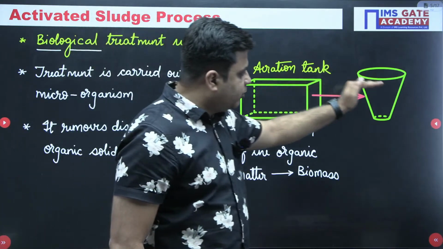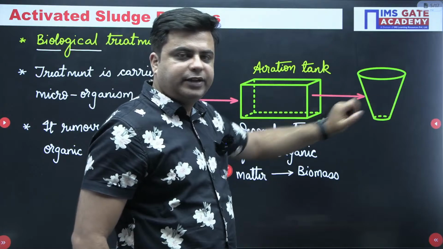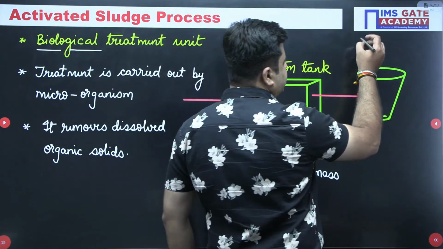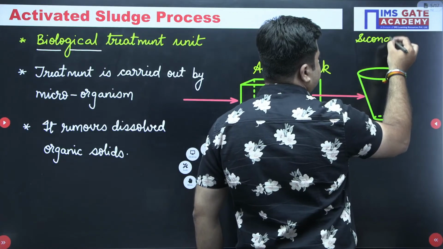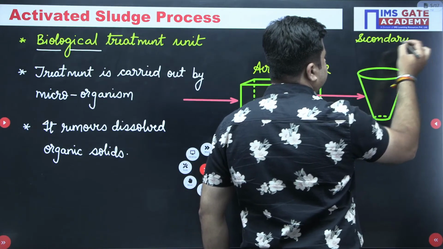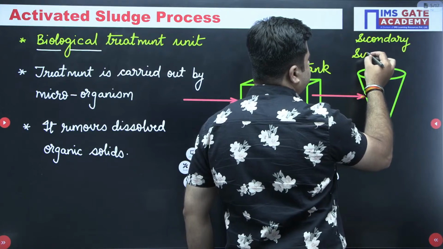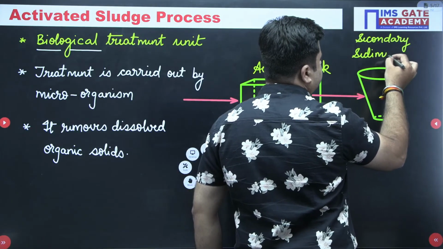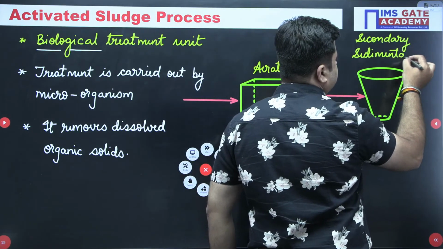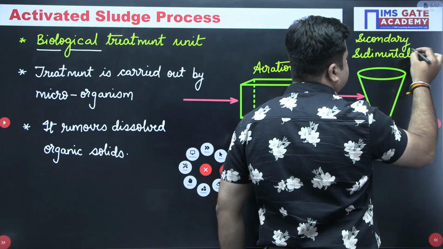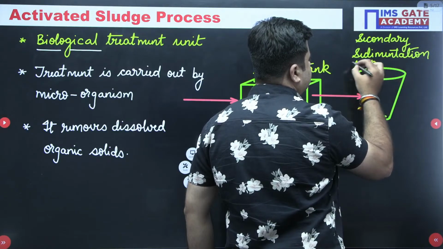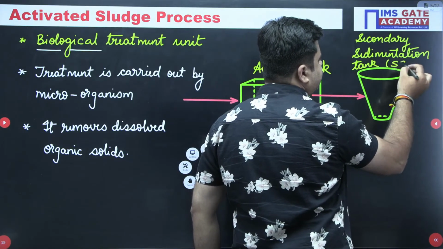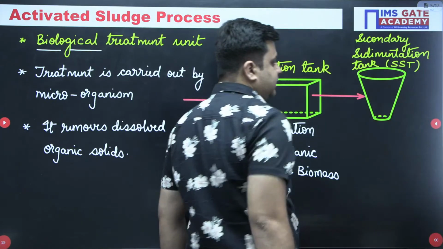Now this biomass is removed in the secondary sedimentation tank. This is your secondary sedimentation tank, also denoted as SST.